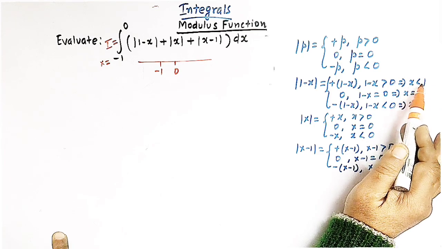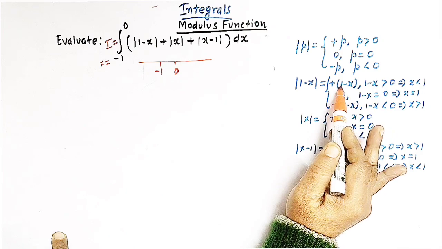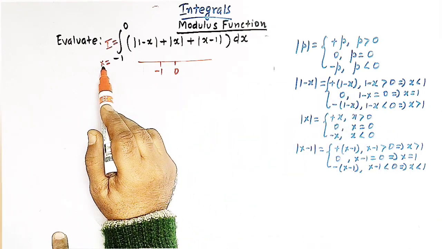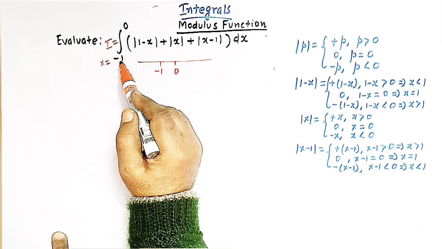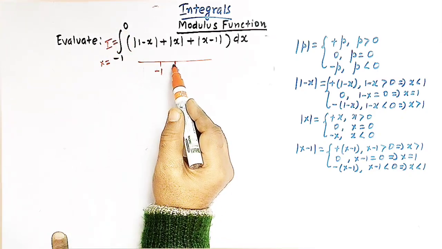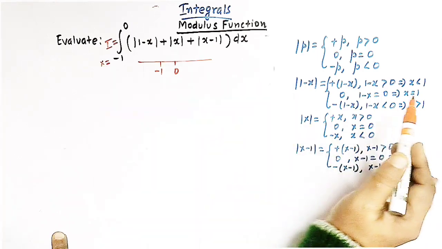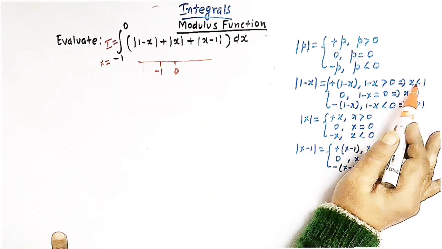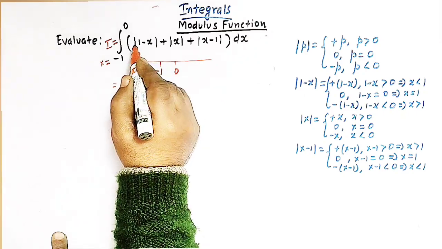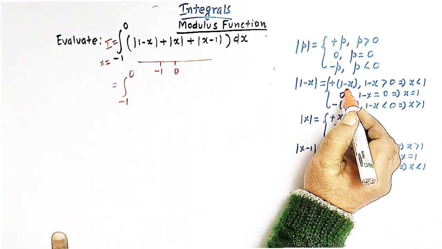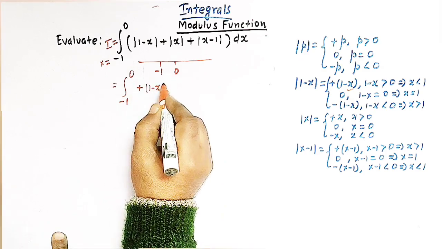So whenever x is less than 1, mod of 1 minus x is positive 1 minus x, and all the values of x which lie in the interval minus 1 to 0 are less than 0. So obviously all the x are less than 1. So here we can replace mod of 1 minus x by positive 1 minus x.